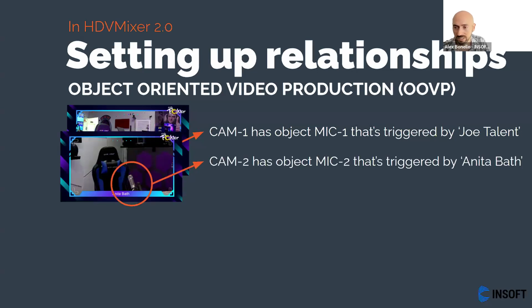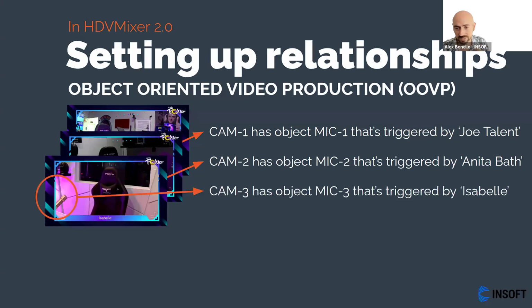The same goes for Anita Bath, who sits in microphone 2, which is related to camera 2. And for the guest camera, camera 3 is pointing towards microphone 3, and Isabel is the guest there, right?